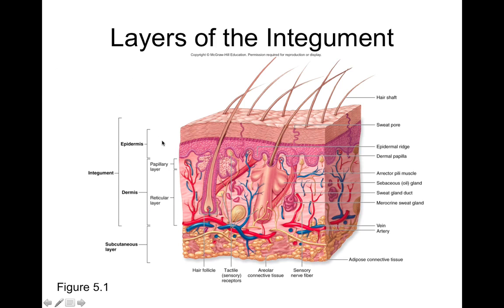So stratum corneum cells aren't really living cells. It's just dead cells that are really tough. That's what your stratum corneum is. It's kind of interesting, but stratum corneum is the thickest of your epidermal layers, and you can have many different layers of stratum corneum here. Now, in the dermis, we'll talk about more skin appendages later. We'll get into more detail on the sebaceous glands, the sweat glands, and different nerve endings.